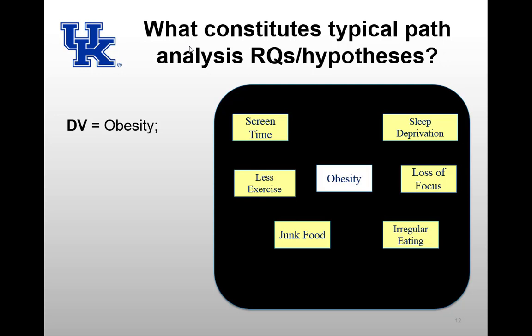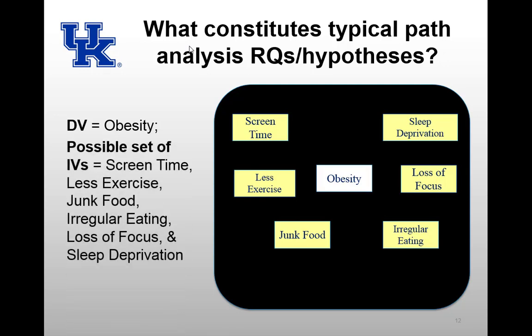For example, a lot of screen time, loss of focus, irregular eating habits, not enough sleep, eating a lot of junk food, no exercise or very little exercise. So I have a lot. I have 1, 2, 3, 4, 5, 6. I have 6 of them. So all those are my set of IVs.